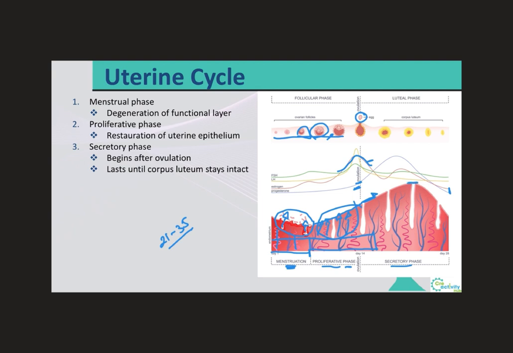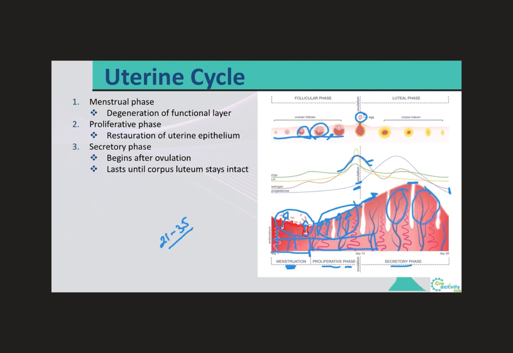Next, we have the secretory phase. So during this secretory phase of the uterine cycle, the endometrial glands will enlarge and they will accelerate their rate of secretion because they want to be ready for when a fertilized egg arrives. So the endometrial arteries will elongate and spiral through the tissues of the functional layer.